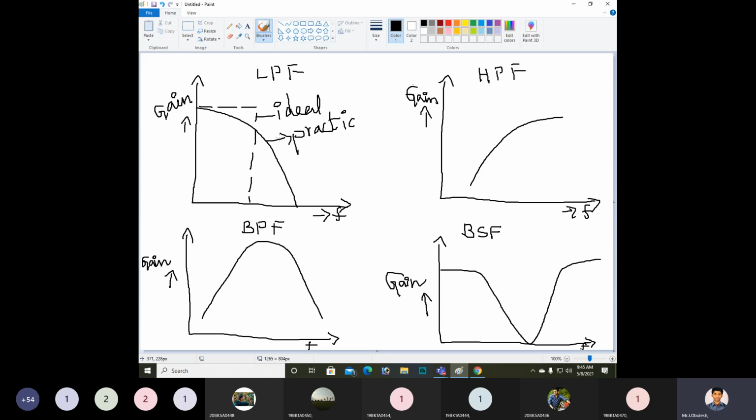This is for ideal, this is for practical. Okay, so this is the stop band.